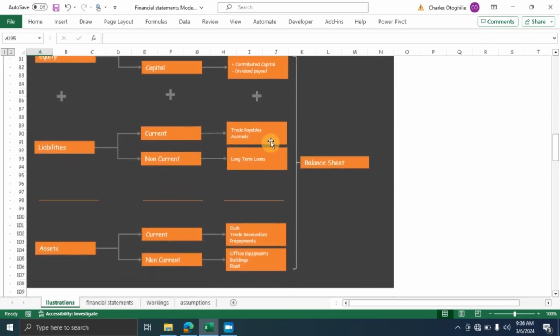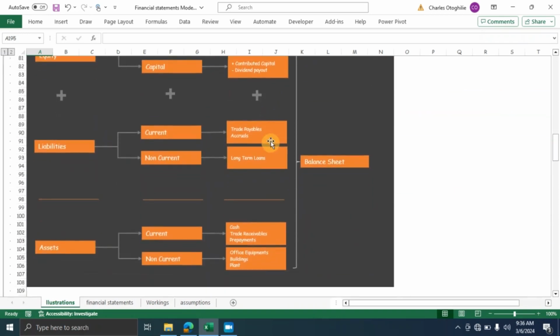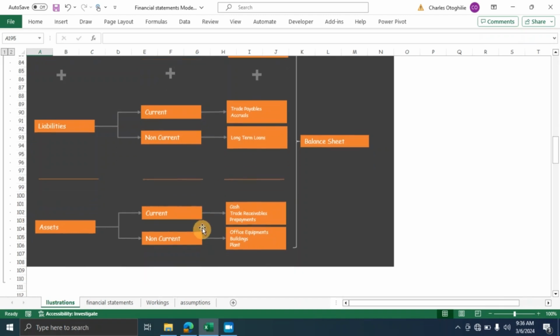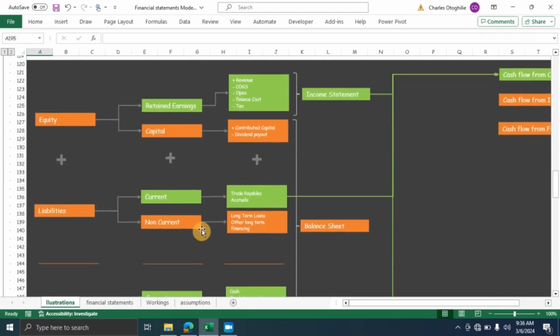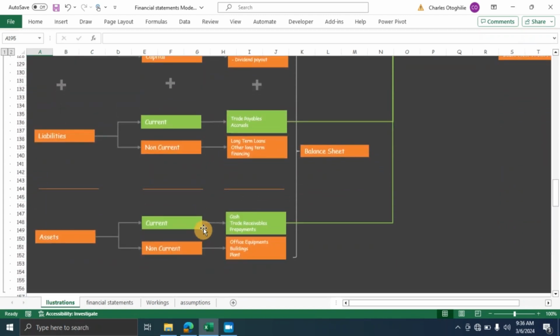Now, if you want to see how the three financial statements are developed, this time not in diagrams but using figures to build the income statement, the balance sheet, and the cash flow statement, that is something I think you would love to have. But I would like to know if you would love that.